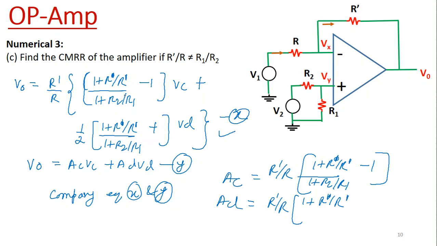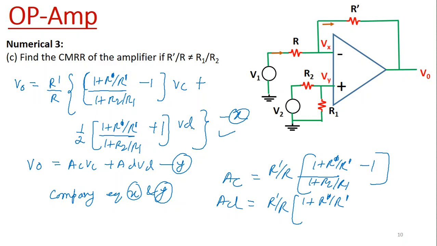So make the corrections. We have got V0 is equal to R dash by R whole multiplied by 1 plus R by R dash divided by 1 plus R2 by R1 minus 1 into Vc plus half whole multiplied by 1 plus R by R dash divided by 1 plus R2 by R1 plus 1 into Vd.